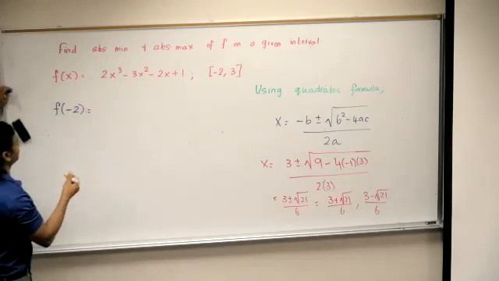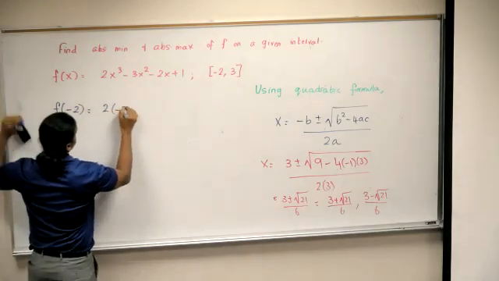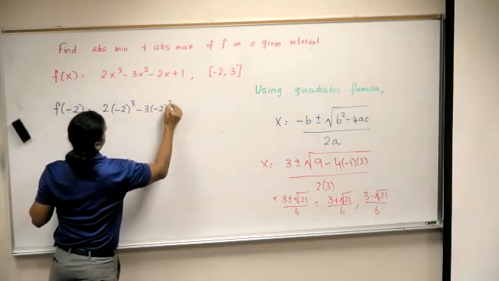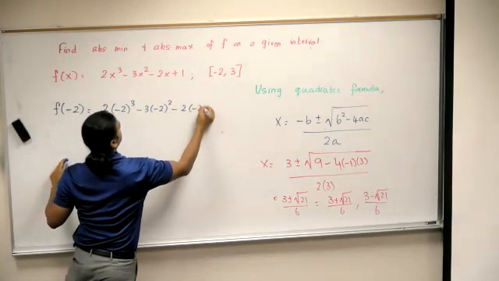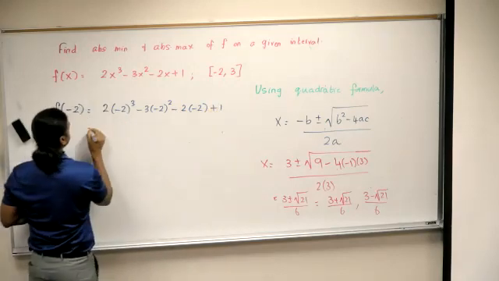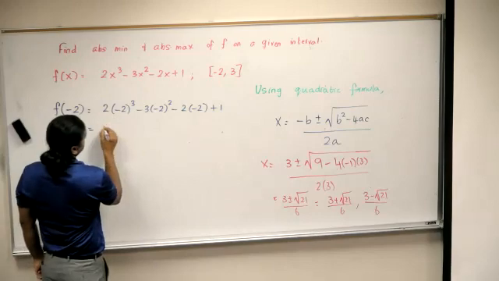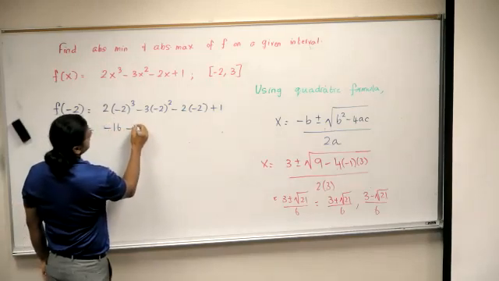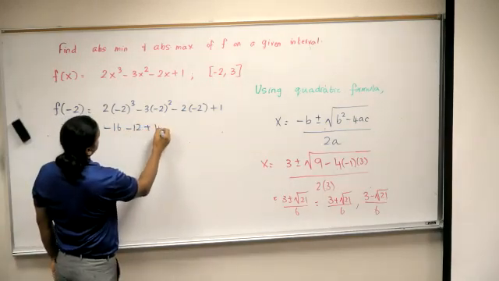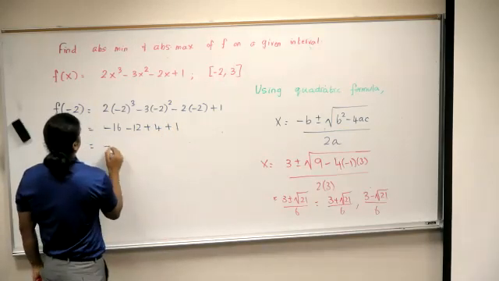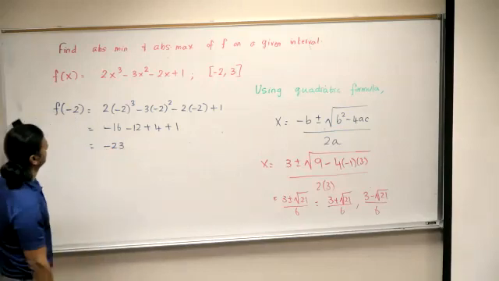F of minus 2. You can use synthetic division if you want. Negative 16, negative 12, positive 4, plus 1, negative 23.